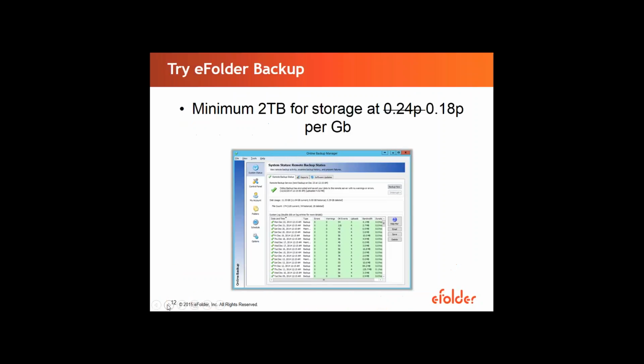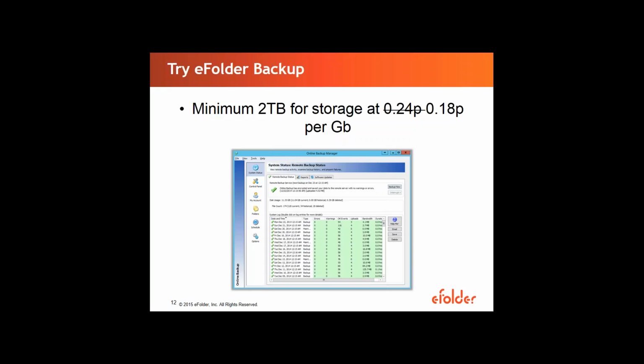Before we wrap this up, I would like to give you a quick idea of the pricing model that we have. We price per gig, and we have a peer pricing approach. We usually charge 24 pence per gigabyte with a minimum of 2 terabytes of storage.